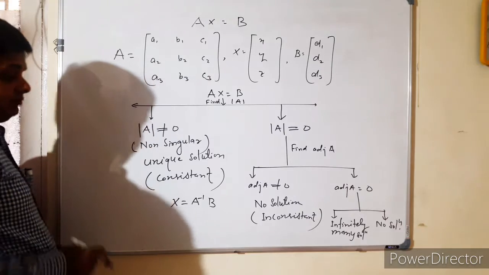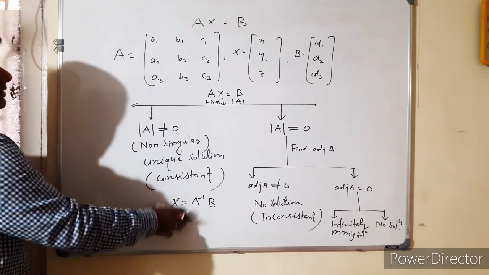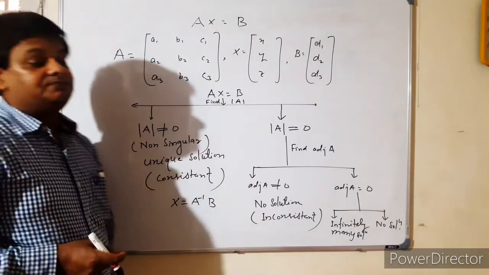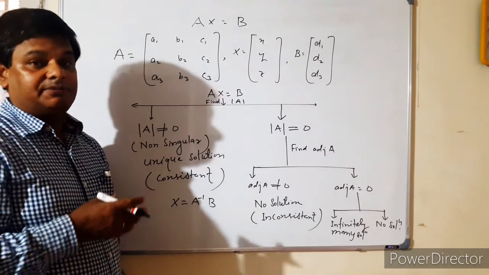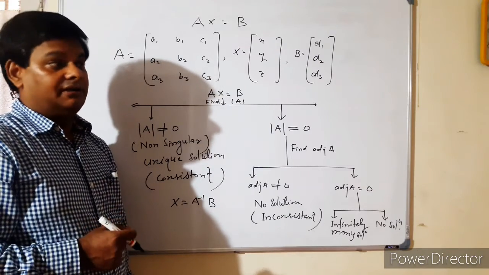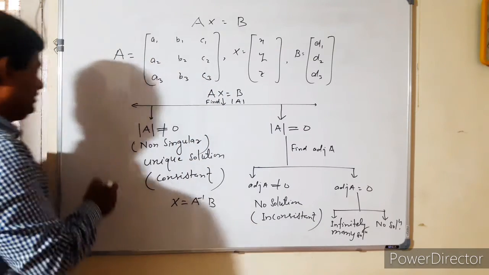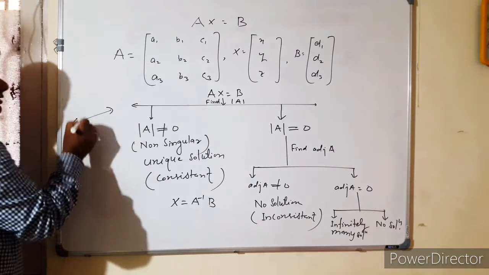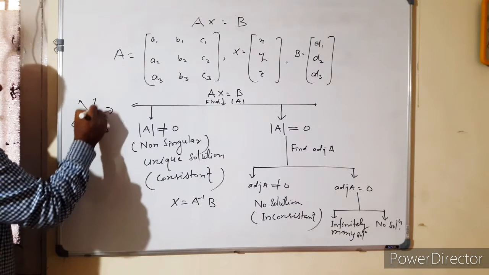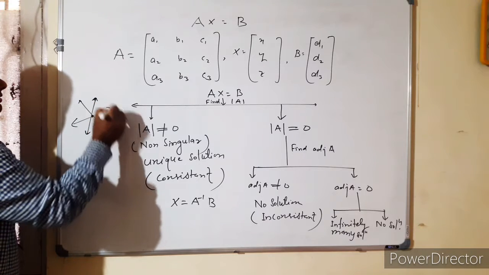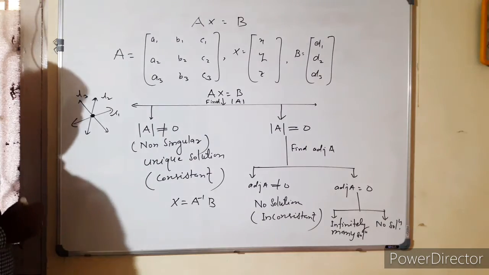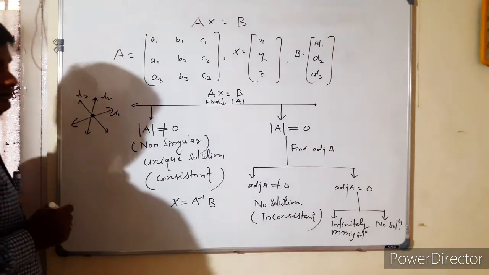Unique solution means, we know that a linear equation represents a straight line. The graph of a linear equation is a straight line. If all the straight lines intersect at a point, there are three equations, so three lines L1, L2 and L3 intersecting at a point, that is called the unique solution.